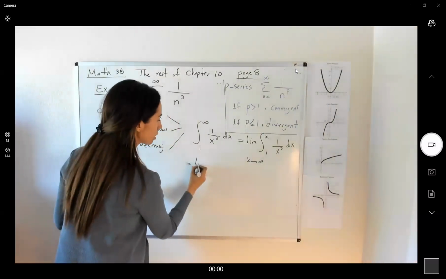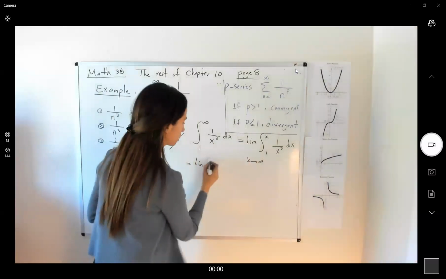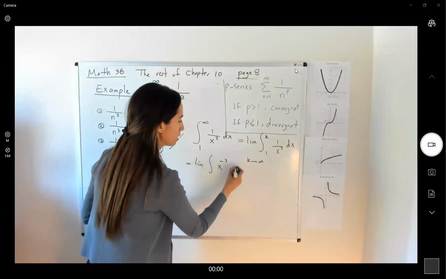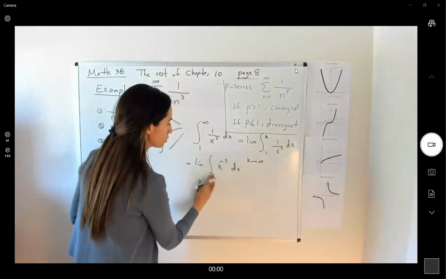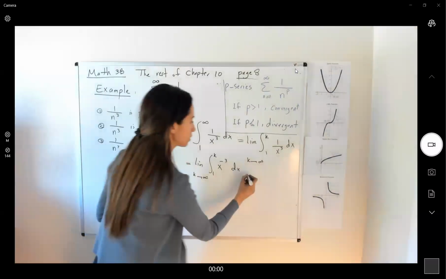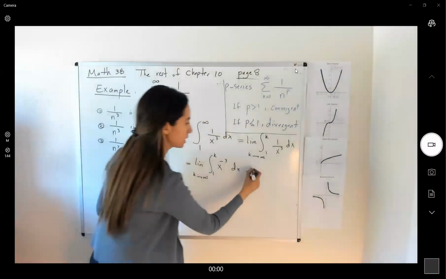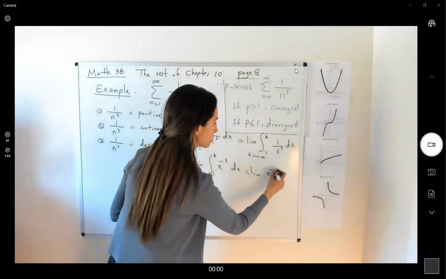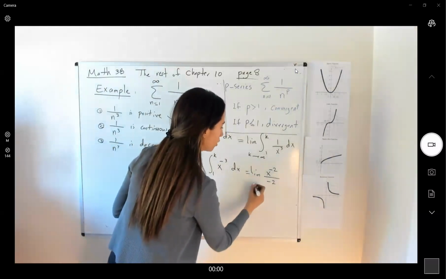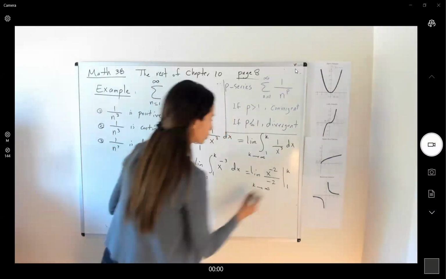This is equal to the limit of integral, so this integral is just x to negative 3 dx, 1 to k, k goes to infinity. This is equal to limit of x raised to negative 2 divided by negative 2, while k goes to infinity, 1 to k.